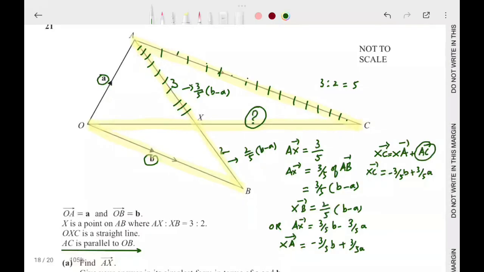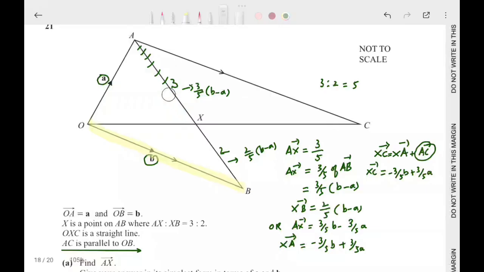Now to find out ac, we have to see one important thing. Let me clear the previous construction from the diagram. If you see that triangle, there are two triangles like this.